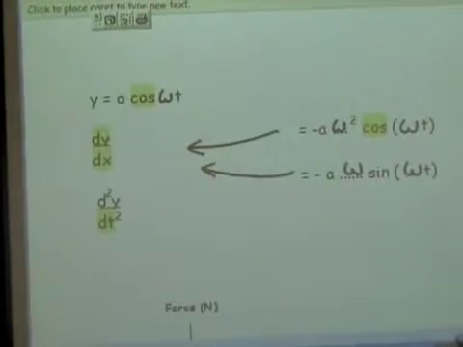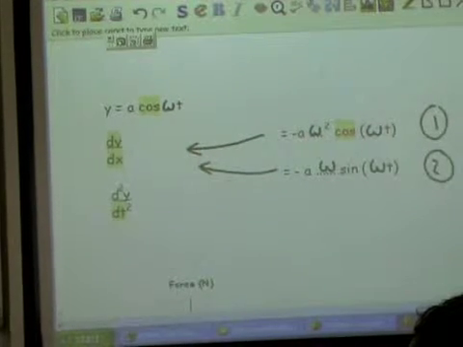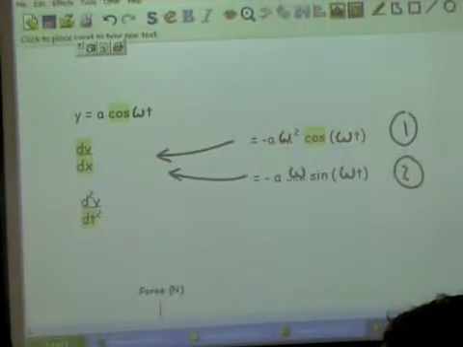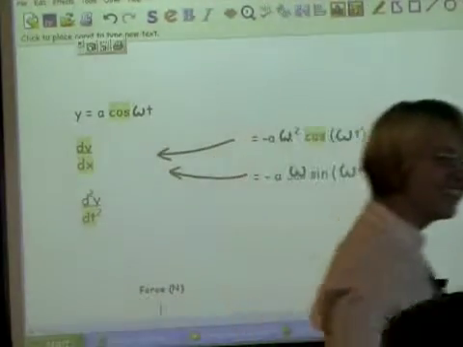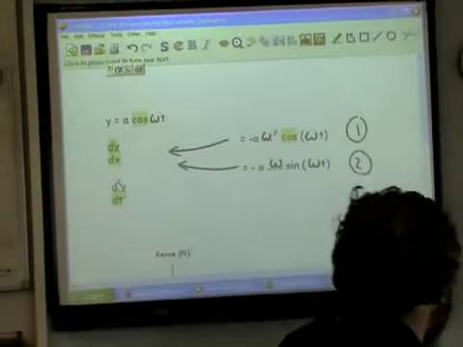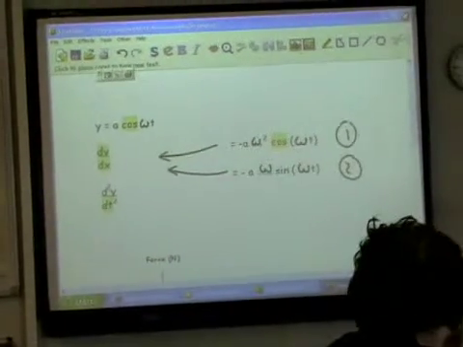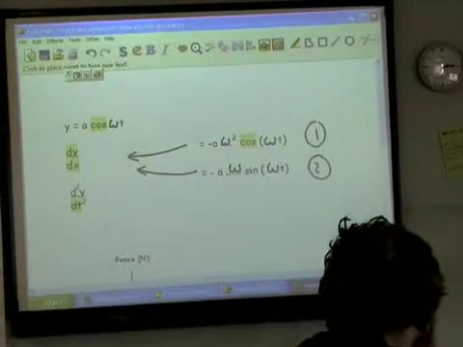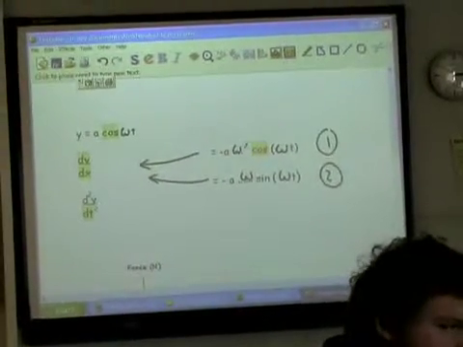Is it 1 or 2? What do you think? Chris, what do you think? Sorry, Jonathan, isn't it? 2? Okay. Ben, what do you think? Number 2? Yeah.